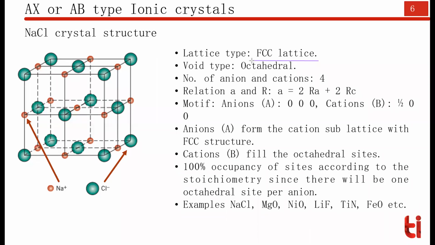You remember in an FCC unit cell, the effective number of atoms is always equal to 4. Therefore, if this is an AB type structure, then your anions and cations have to be equal in number. So your number of anions and cations are both equal to 4.